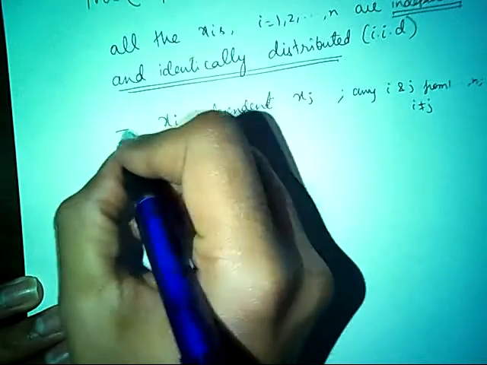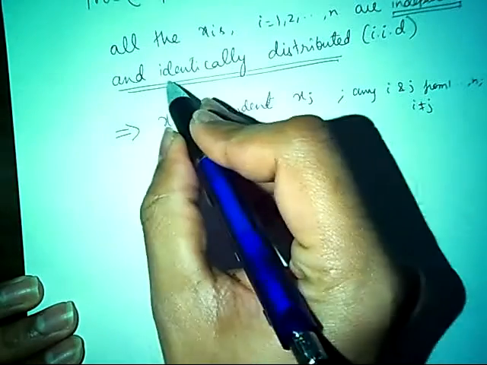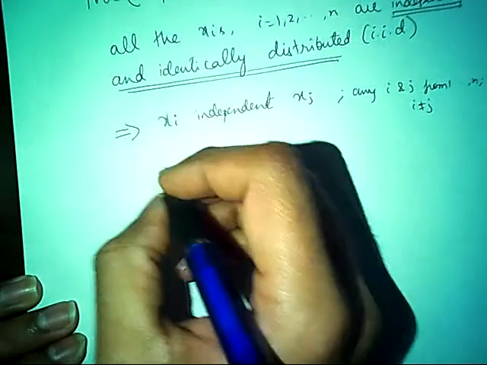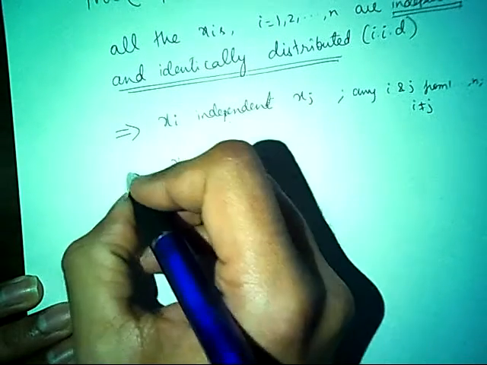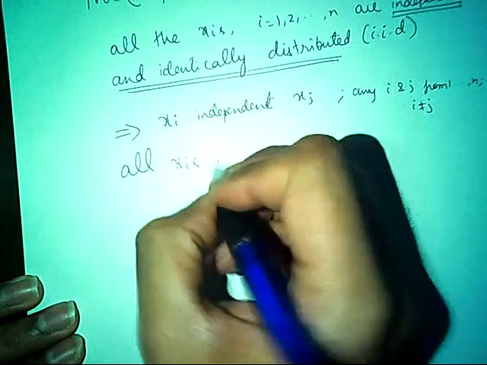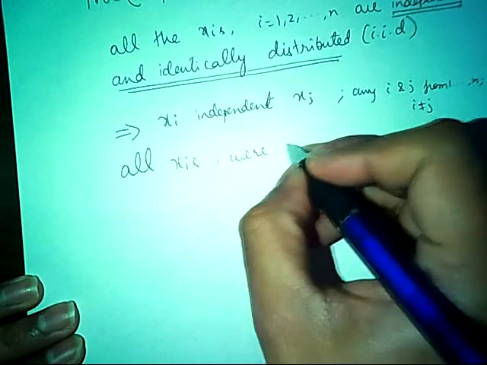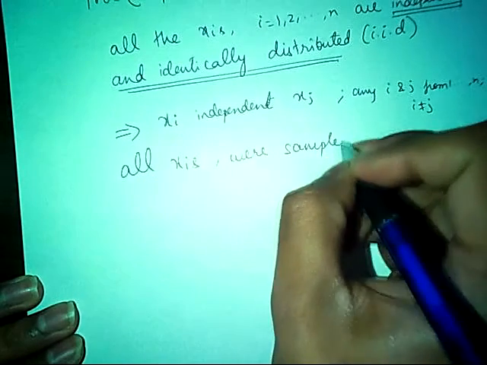This is the independence property, and identically distributed means that all of the xi's were sampled from the same Bernoulli distribution.